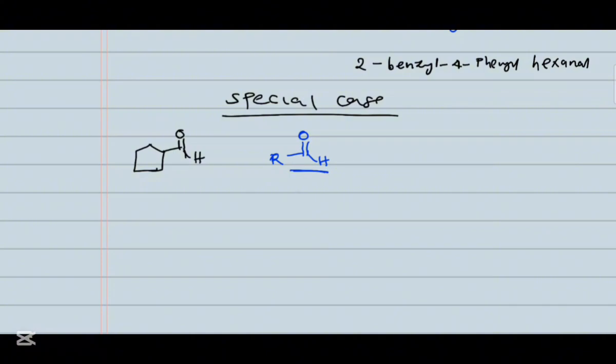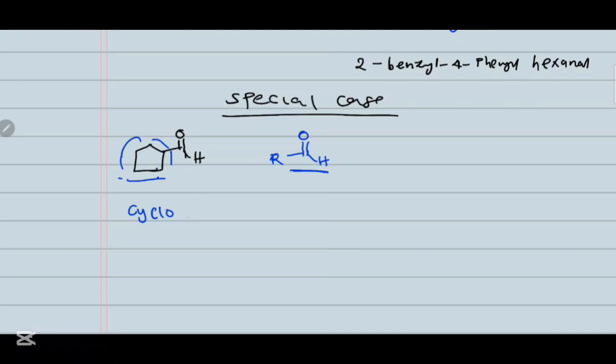For example, like this one, we'll first name this ring as we are naming alkanes. So this is cyclohexane, I mean cyclopentane. So it's cyclo for a ring, and this is the ring on it.